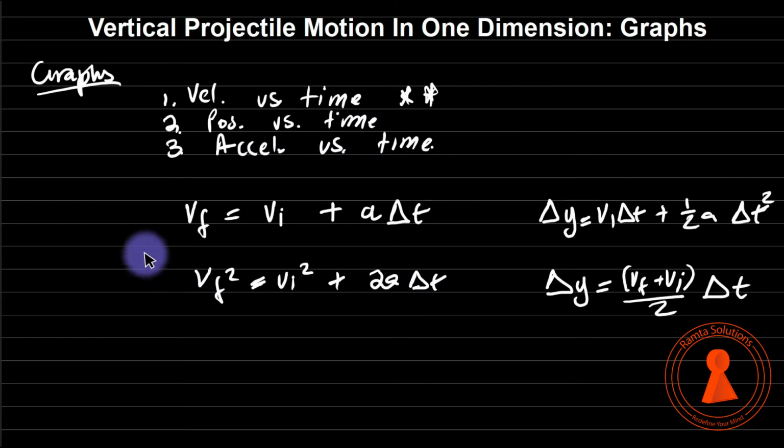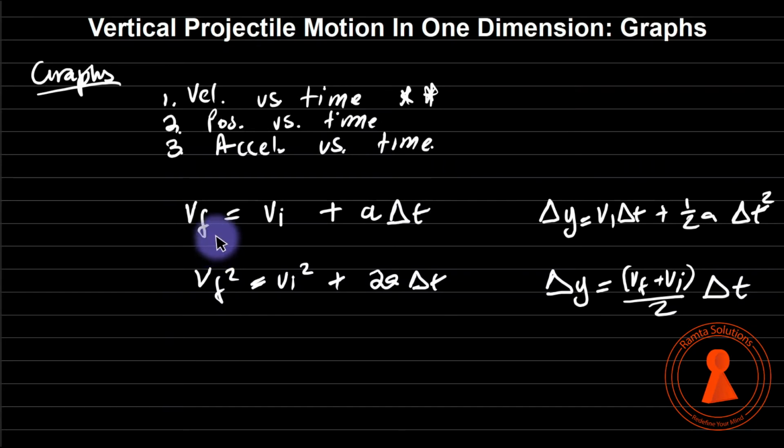So when we draw our graphs, they somehow are related to these equations. When I look at this one, if we are drawing position versus time, I see here it has velocity as the dependent variable, and it looks to me like a straight line, with the initial velocity as a y-intercept, the acceleration as a gradient, and delta t as your independent variable.